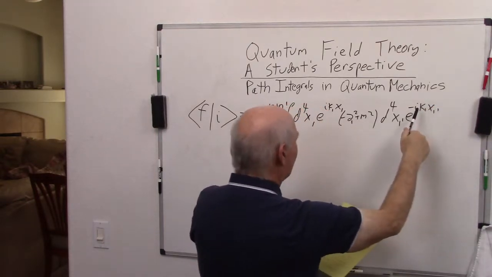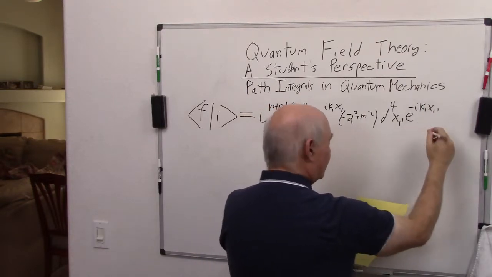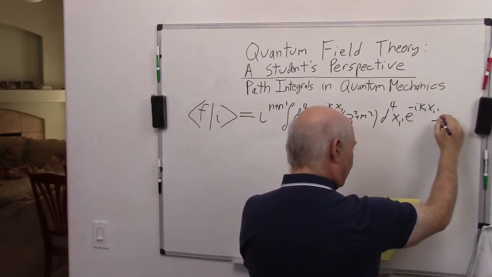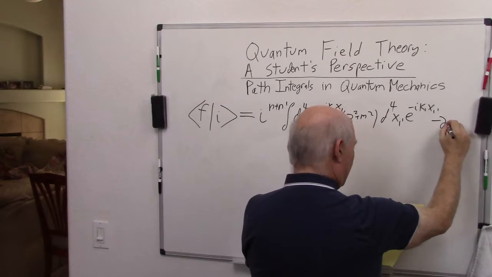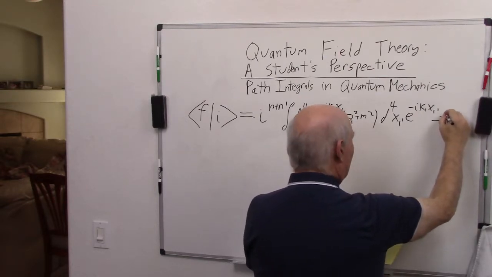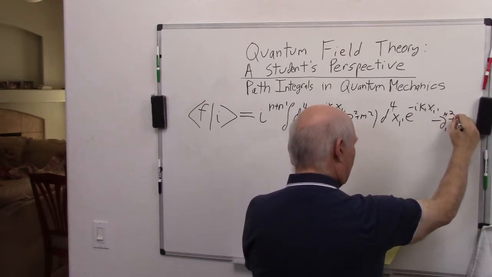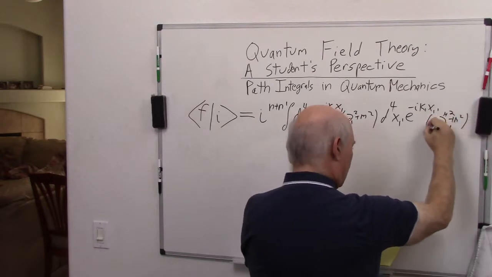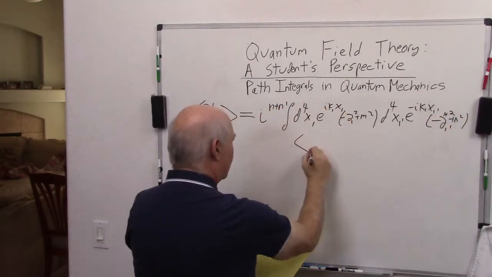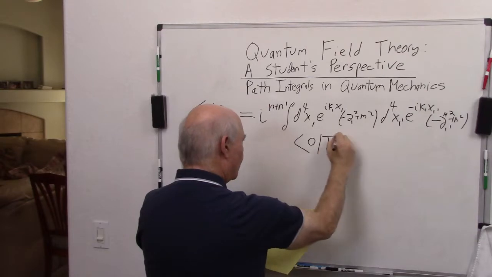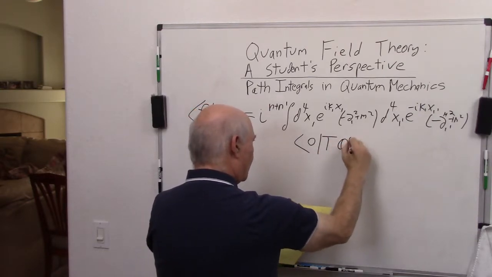I'm not sure if this is a different K. I have a feeling it's a different K, but in my notes I wrote it down as the same K. Then multiplied everything by the time-ordered product of the fields.